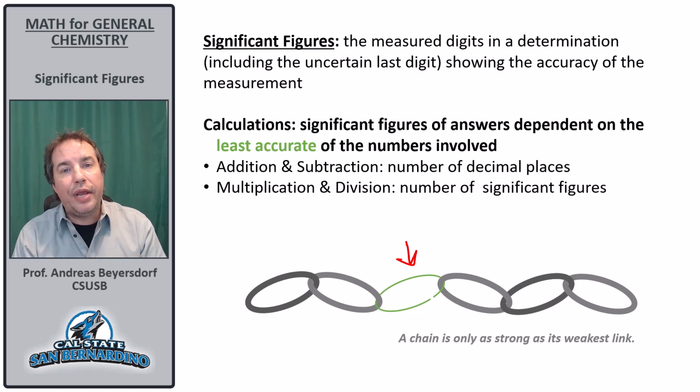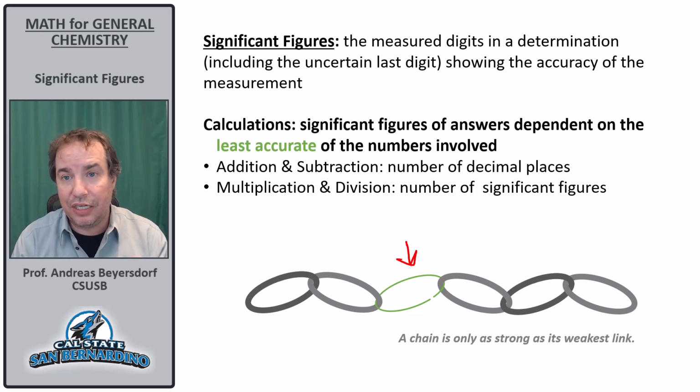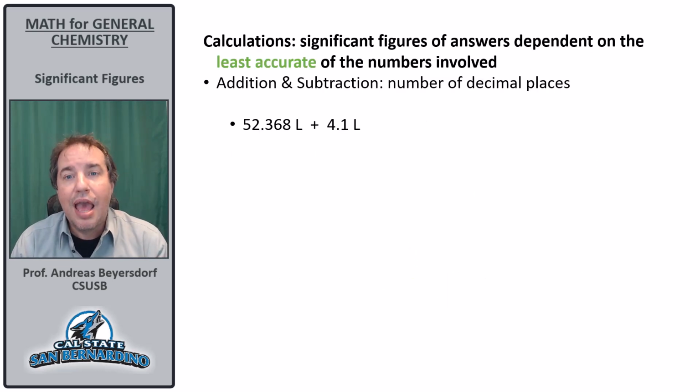Now how we do this depends on whether we're talking about addition or subtraction or multiplication and division. Let's look at addition and subtraction first. In addition and subtraction, the number of significant figures is dependent on the number of decimal places in the values you're putting together.